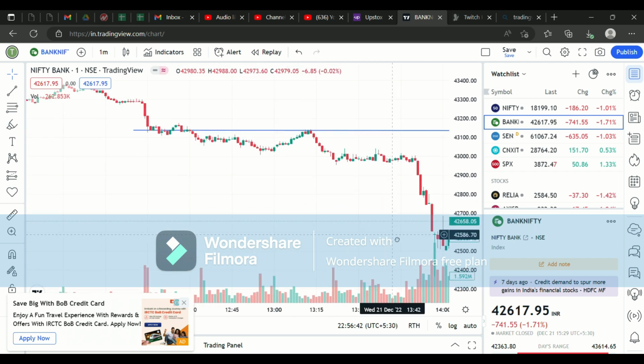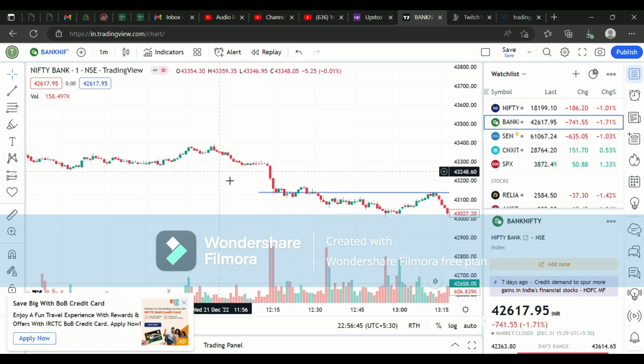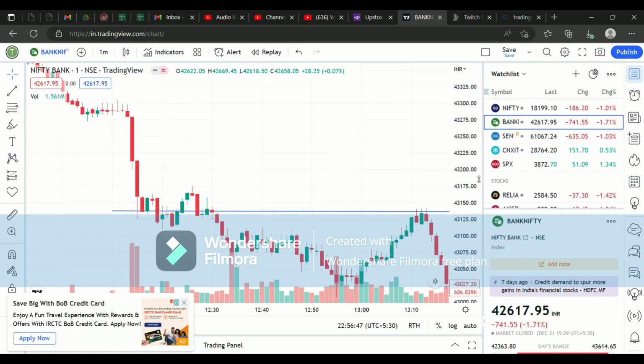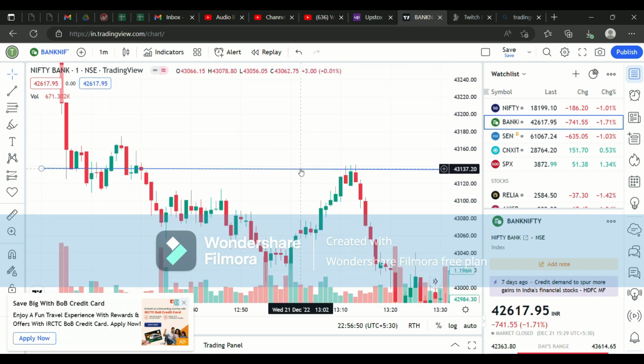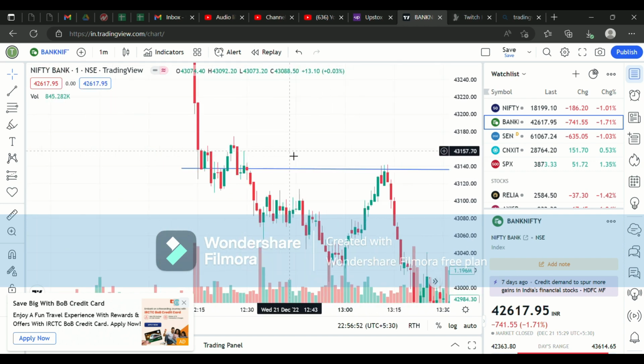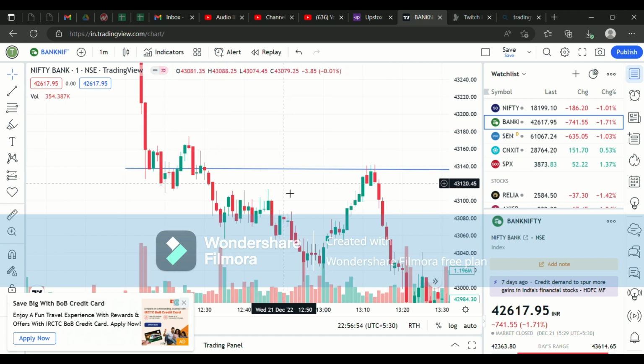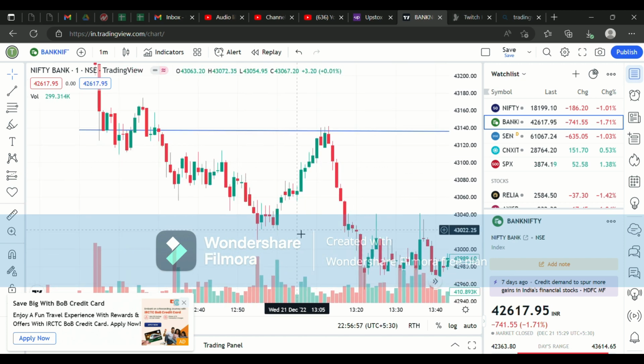As you can see here, from 12:30 to 1 p.m. I drew this trend line, because the market fell from this level 43,116 and it fell up to 43,000.